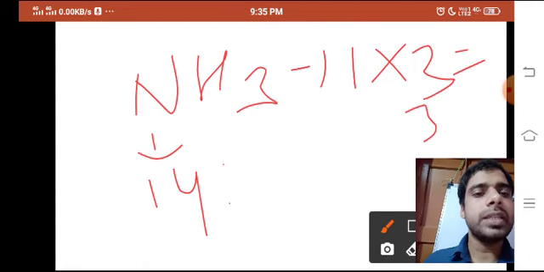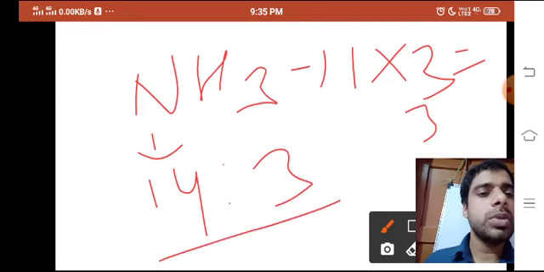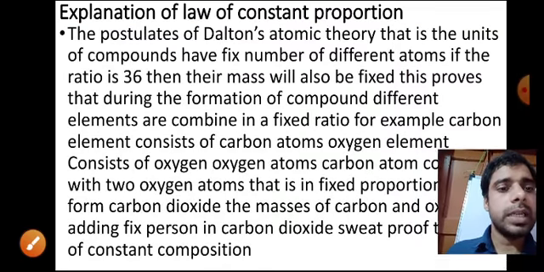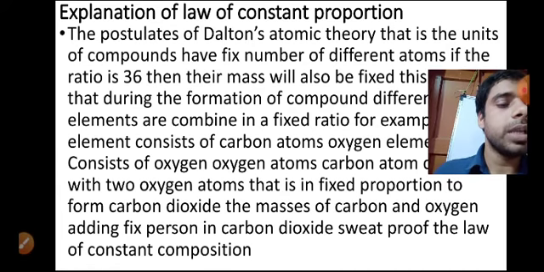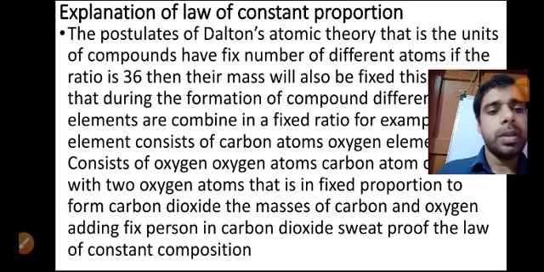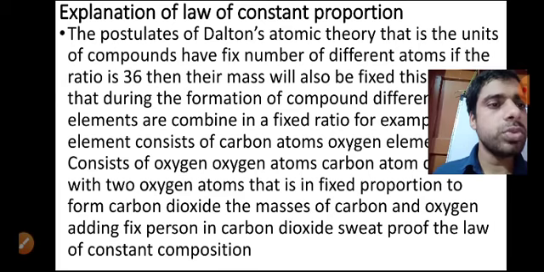So how can I write the ratio? 14 is to 3, because it cannot be divided further, so 14 is to 3 would be there. So that is ammonia. Here you can see carbon dioxide is given, and every time we have to understand that the same mass ratio would be there. Carbon dioxide from whatever source we take, it will contain the same ratio.